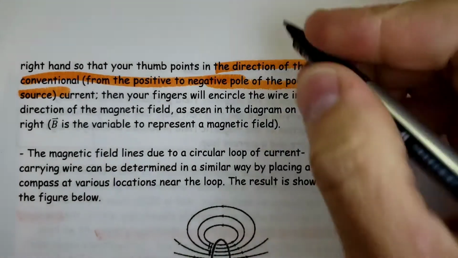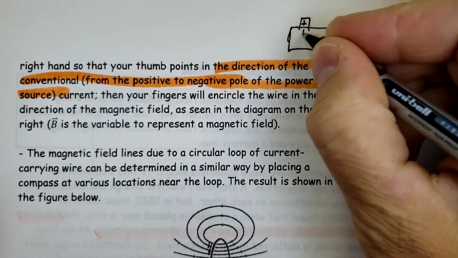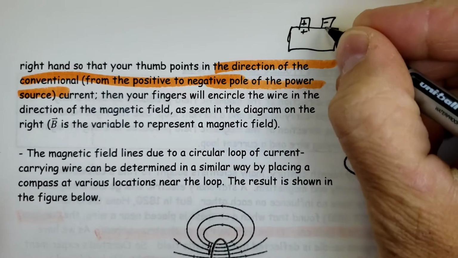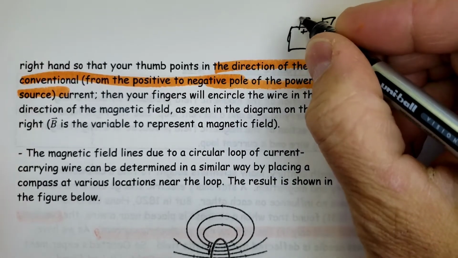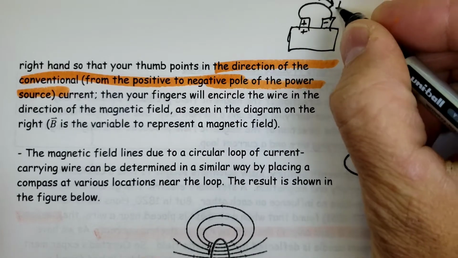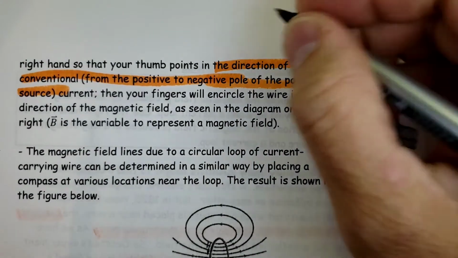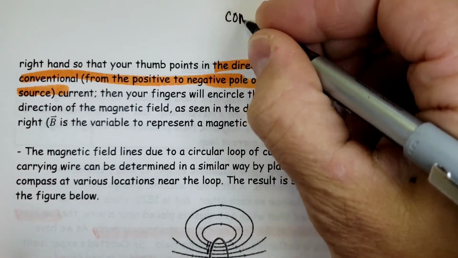So if you were to imagine a battery, say a car battery, positive, negative, and if we were to join these up, this would be conventional current, going from positive to negative.